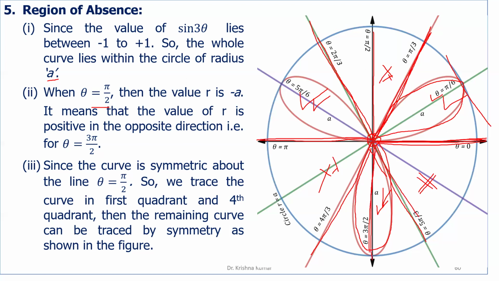Again, this is the tangent and this is the tangent, so there is again one loop over there. We only trace this part, and since the curve is symmetric about this line, we get the same type of loop on the left-hand side also. Hence, this is the approximate shape of the rose curve r = a sin 3θ. Thank you.